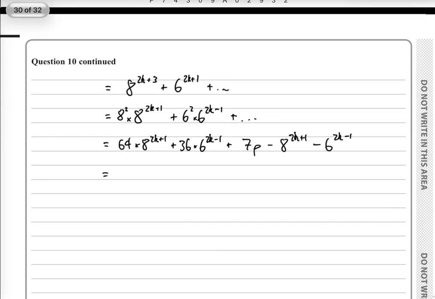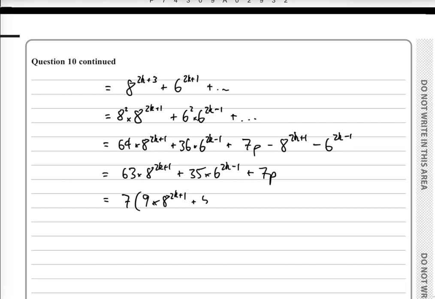Now I can actually put those together. So we've got 63 lots of 8 to the 2k plus 1 and 35 lots of 6 to the 2k minus 1 plus 7p, and we can take out a factor of 7: 9 lots of 8 to the 2k plus 1 plus 5 lots of 6 to the 2k minus 1 plus 7p. And then I can write that as 7q plus 7p.